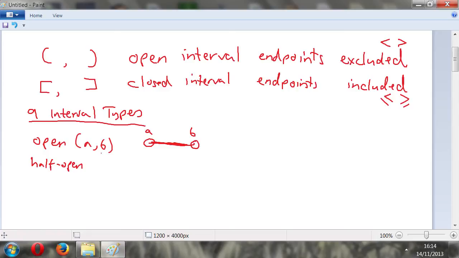We do A, B. So we can see we've got the open on the left, so it's going to be excluded on the left, and then closed, included on the right, as indicated by the square bracket.